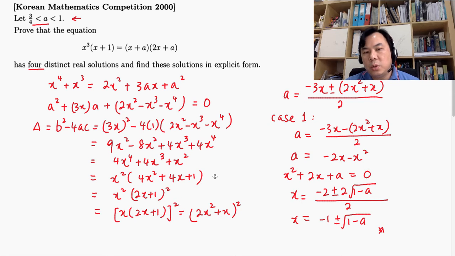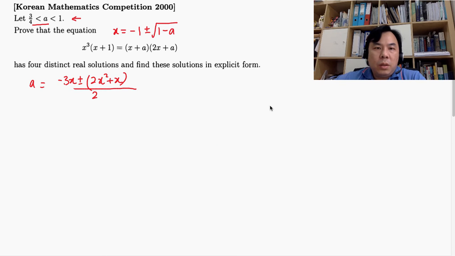Alright, now I'm going to show you the next case shortly. So here I have written down our first solutions, and this is our previous equation, the solution for A in this case. So we're going to consider the second case.